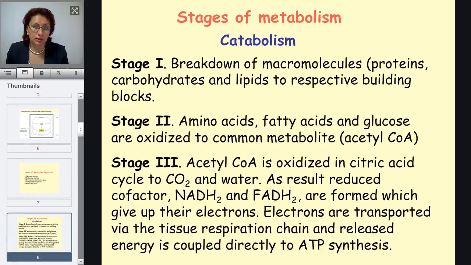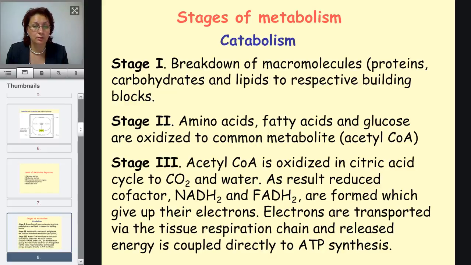Stages of metabolism. Catabolism is divided into three stages. Stage number 1, breakdown of macromolecules, proteins, carbohydrates, and lipids to respective building blocks. Stage number 2, amino acids, fatty acids, and glucose are oxidized to the common metabolite acetyl coenzyme A. Stage number 3, acetyl coenzyme A is oxidized in the citric acid cycle to carbon dioxide and water.